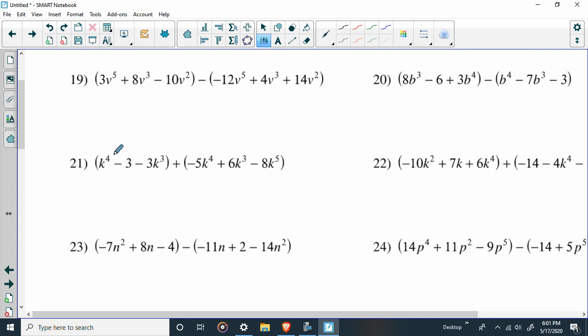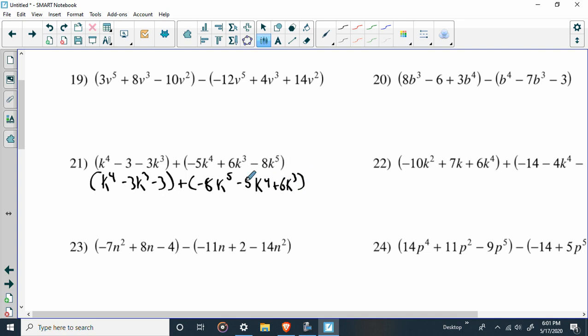This has got a fourth power and a third power and a 0 power, okay? So let's start by saying k to the fourth minus 3k to the third minus 3 in descending order. And to that, I'm going to add negative 8, for the fifth power up in front, minus 5k to the fourth, plus 6k to the third.